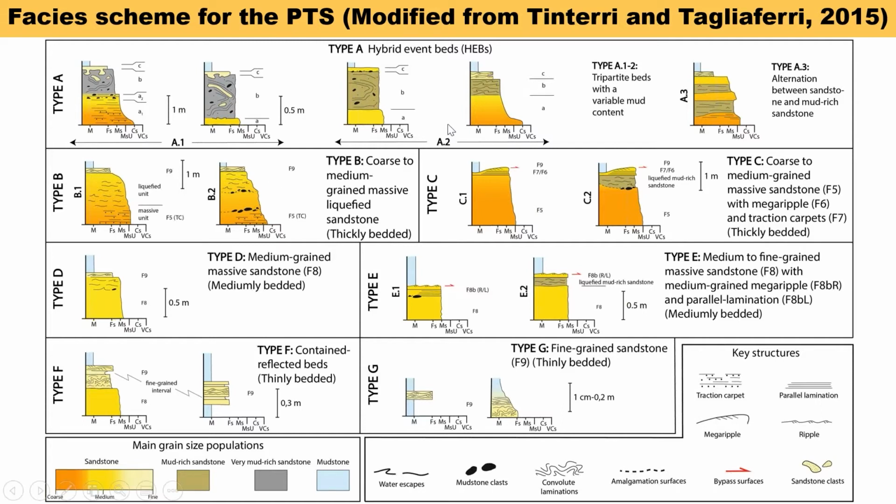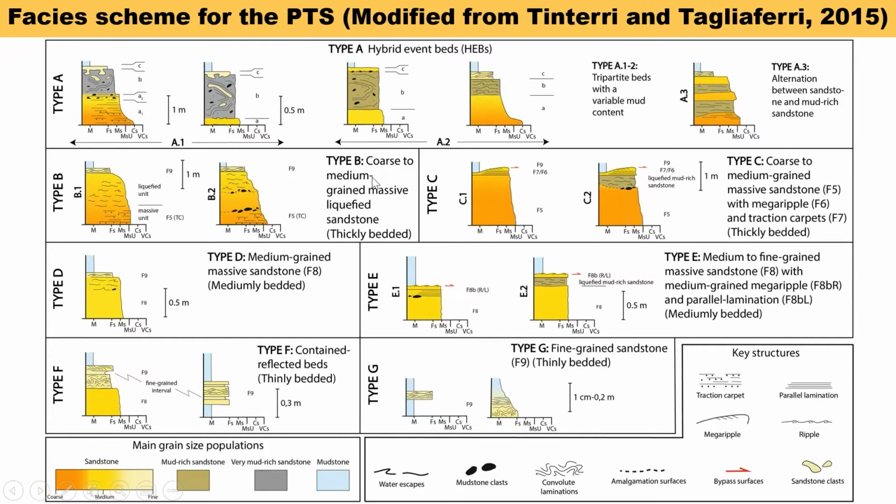In particular, among the hybrid beds, the first 2 types are tripartite beds, and type 8.2 is distinguished based on the minor amount of mud content, while type 8.3 is composed of an alternation between clean sandstone and mud-rich sandstone, and so has been interpreted as a transitional phase from high-density turbidite to hybrid flow.